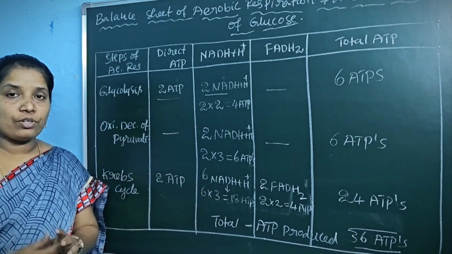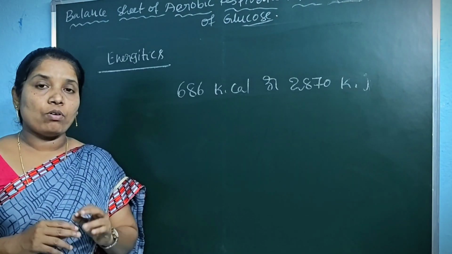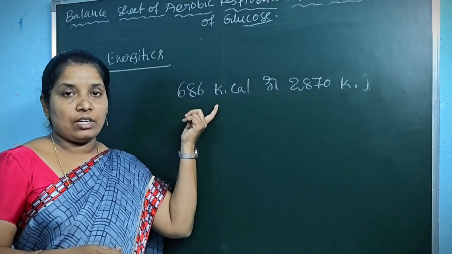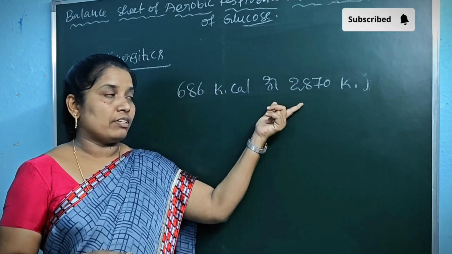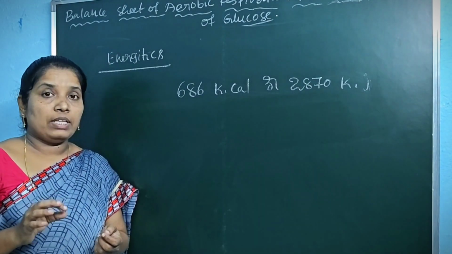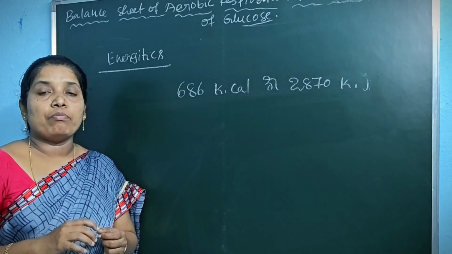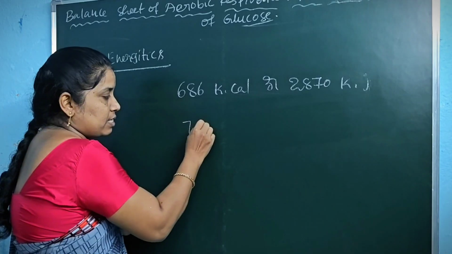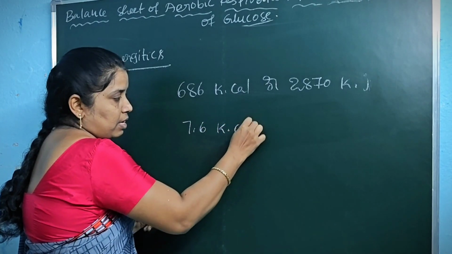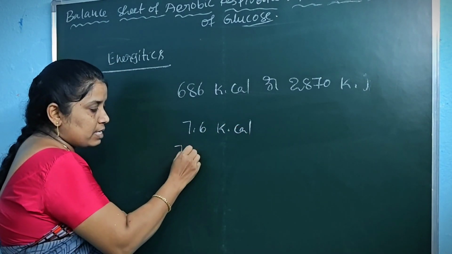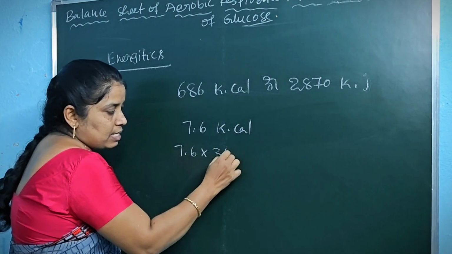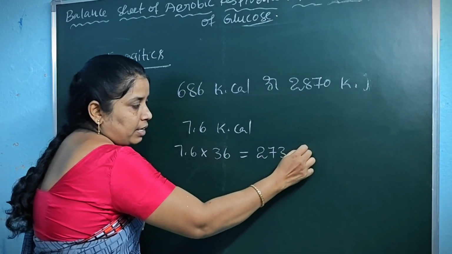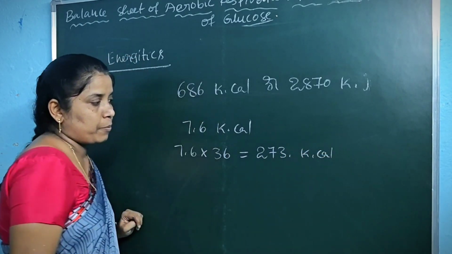Now let's see the energetics of aerobic respiration. Complete oxidation of one glucose molecule yields 686 kilocalories of energy, or 2870 kilojoules. The chemical energy released from one ATP is 7.6 kilocalories. So 7.6 into 36 ATPs is equal to 273 kilocalories of energy.